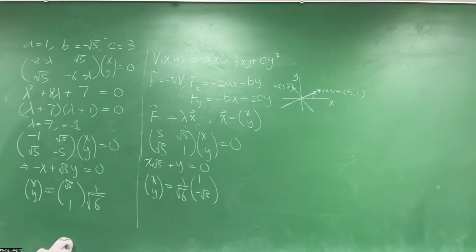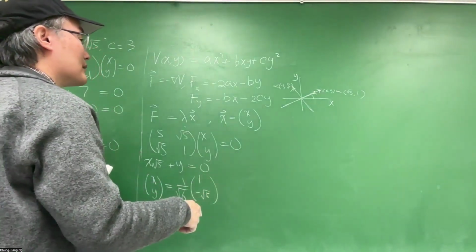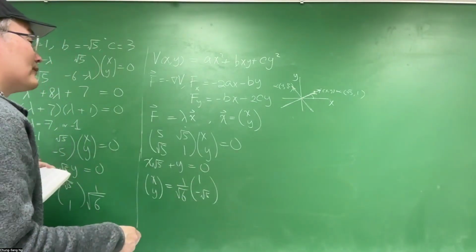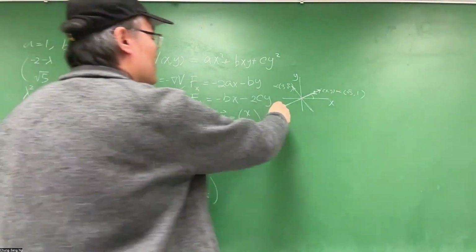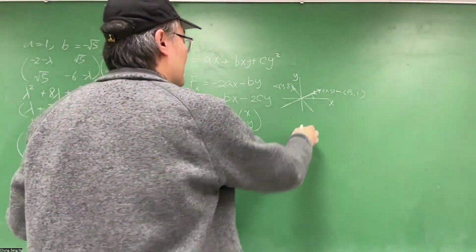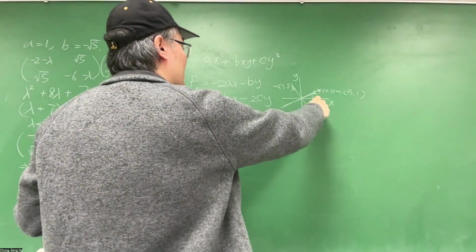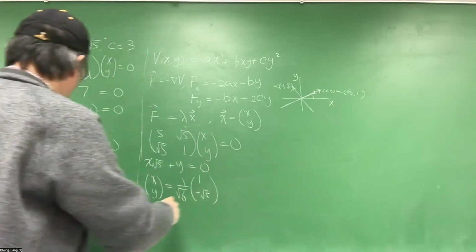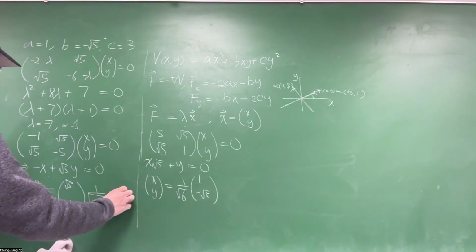This generalizes to what we call the Hermitian matrix later. These two directions are called the principal axes, and you can also define your new coordinate system using these two eigenvectors. Basically, if you call this EX prime.